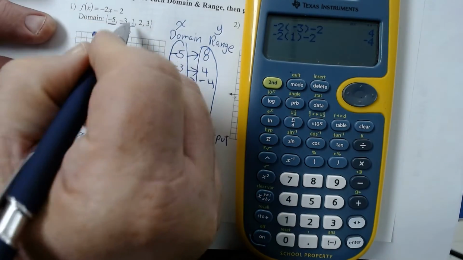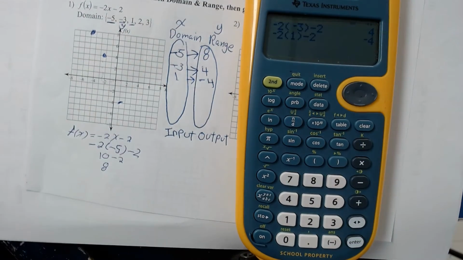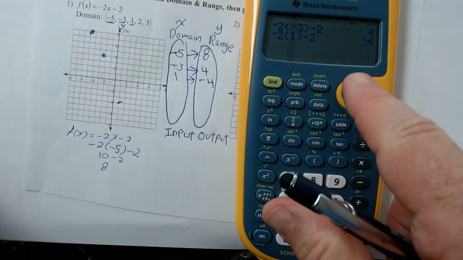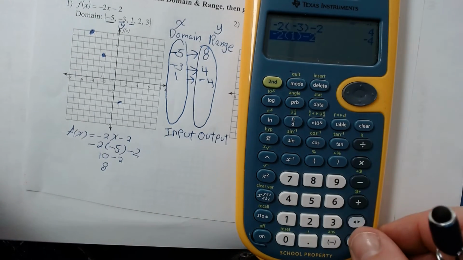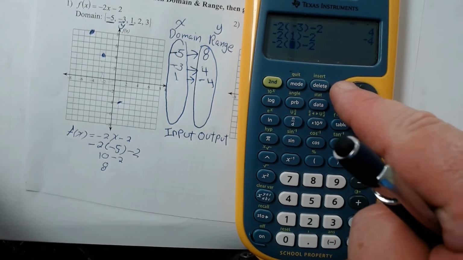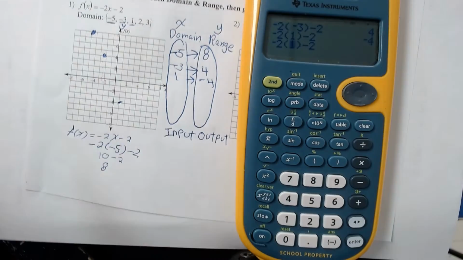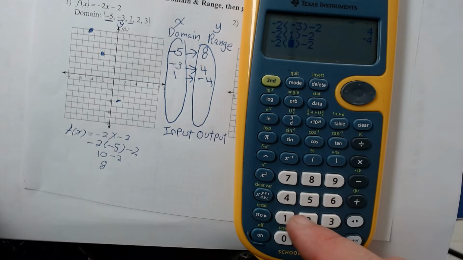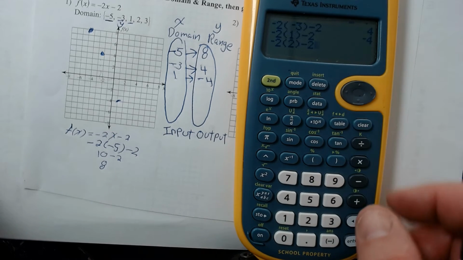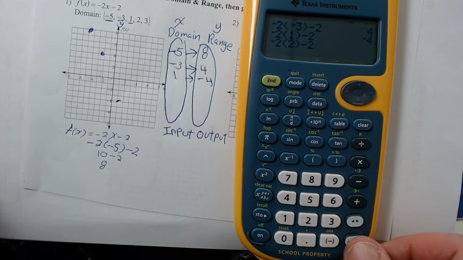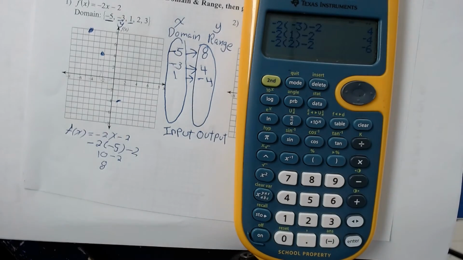Now I can keep doing that for the last 2 numbers of the domain. I can arrow up, highlight the previous question. Now I have to change the 1 to a 2, because the next number in the domain is a 2. So turn that into a 2. And it says negative 2 times 2 minus 2 is negative 6.